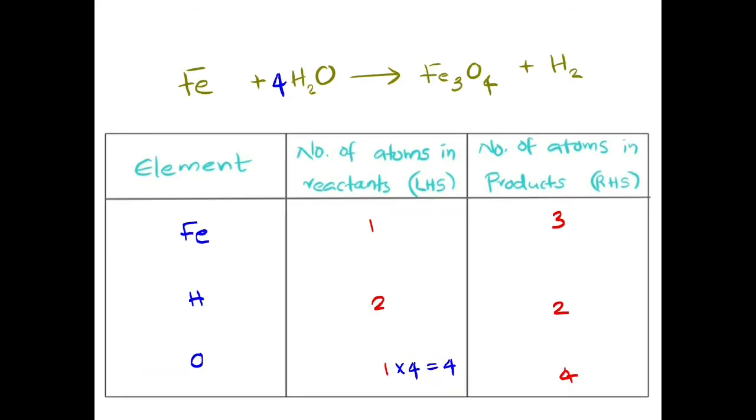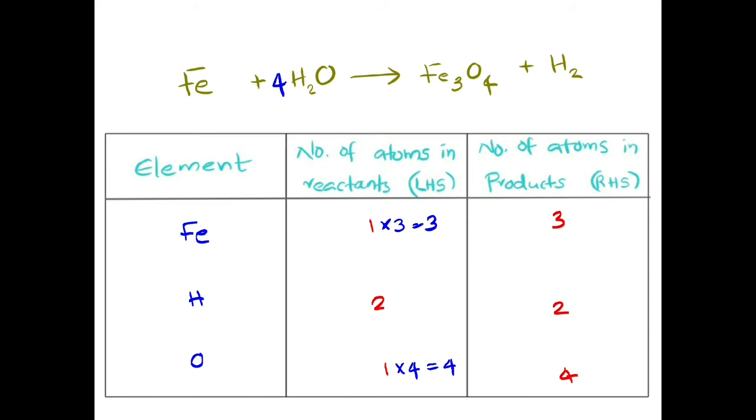After this, we are going to move on to the next element. When you look at the next element, we know that iron has 1 atom in the reactant side and 3 atoms in the product side. So we have to balance that. In order to balance that, what we will be doing is multiplying by 3 in the reactant side, so we will be getting 3.